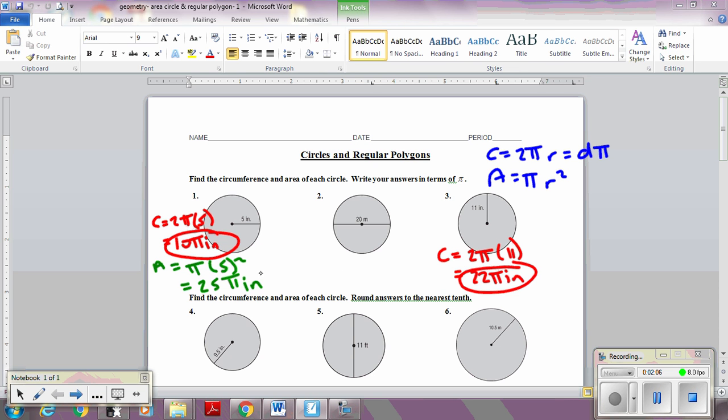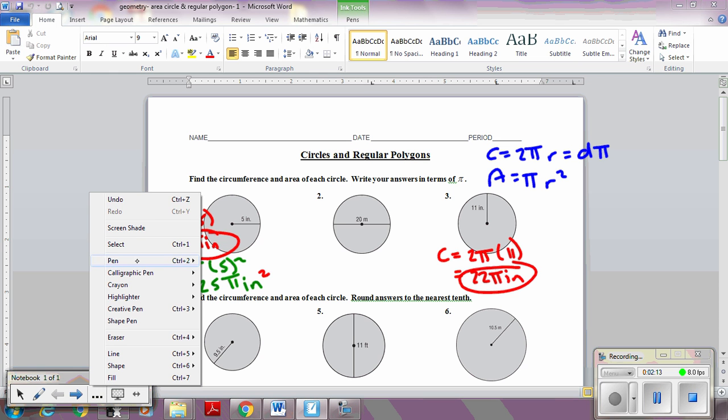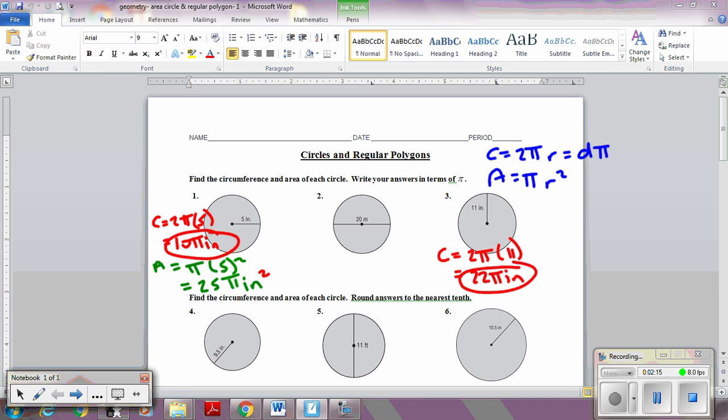And my apologies on the first area, that should have been 25 pi inches squared. And for the area now, we're going to take pi times 11 squared. 11 squared is 121 in terms of pi, and then inches squared again.